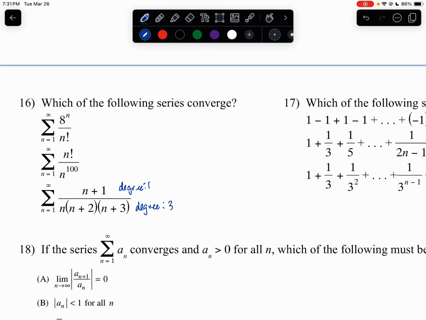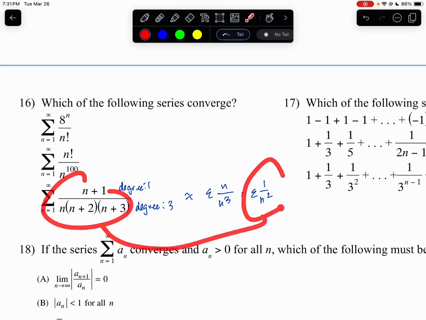So this would be similar to a series of n over n to the third, which simplifies to a series similar to 1 over n squared. So by comparison, these two are similar.